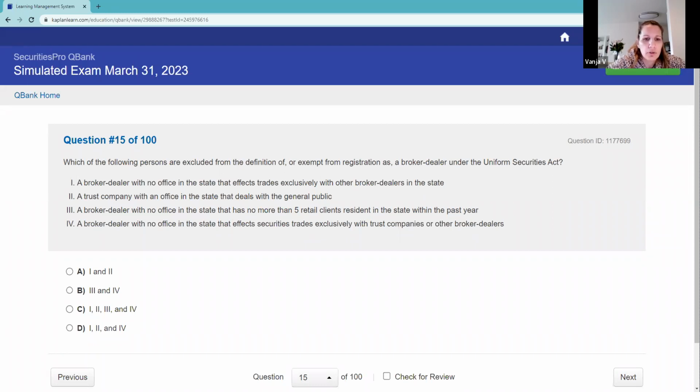So a broker dealer with no office in the state. So 1 is with broker dealers in the state. So 1 and 4 for sure. Right. Okay, so just B falls out. And 3, actually, we can cross that off because that broker dealer has to register. Perfect. Your logic is perfect.